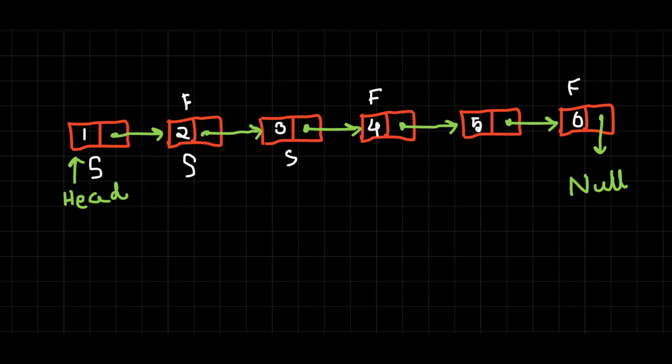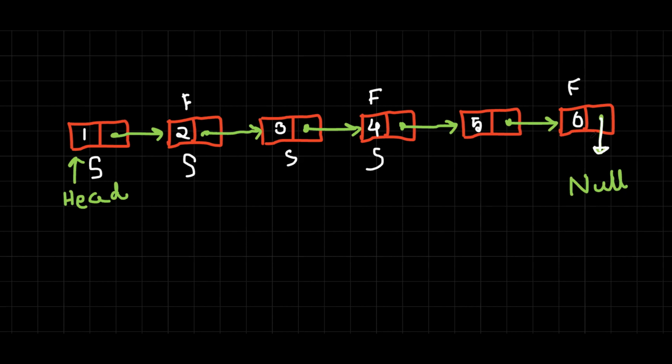Now, again, we have to shift the slow pointer by 1 unit. So slow is pointing to this element 4. Now wait, for this element 6, the fast pointer, it does not have any other reference in the memory address because its memory address is set to null.